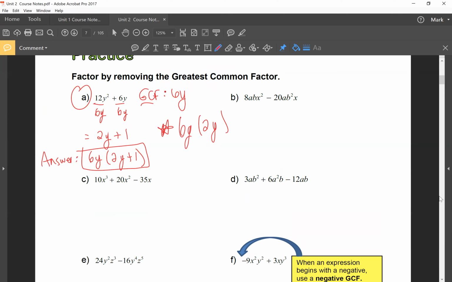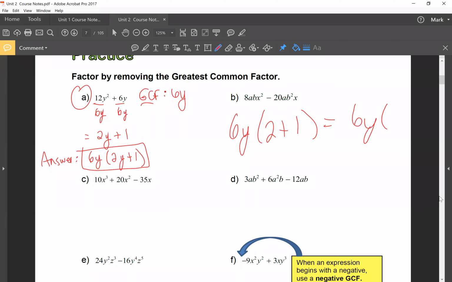It is 6y times 2y plus 1. And really what you have to ask yourself is, are these the same thing? And the answer is no, it's not. So you have to include the 1.